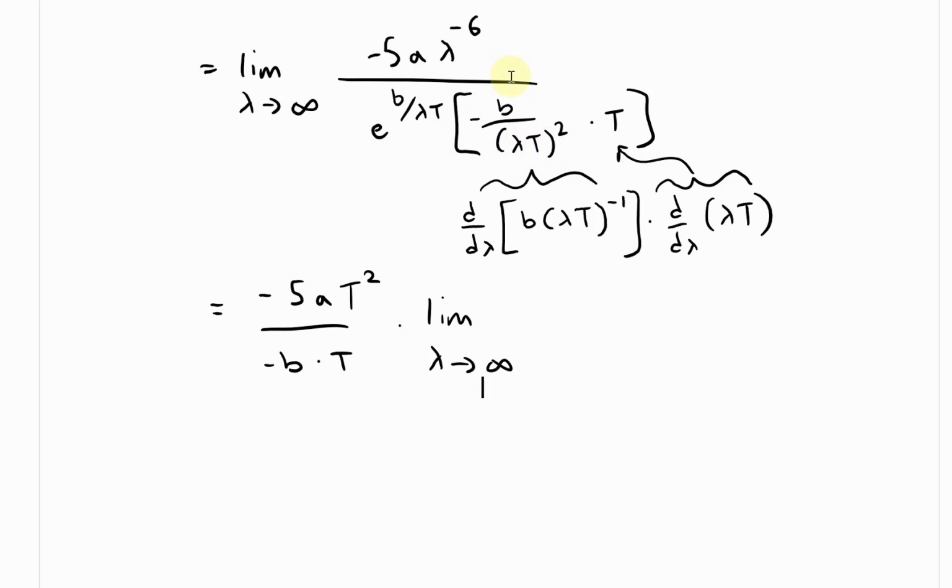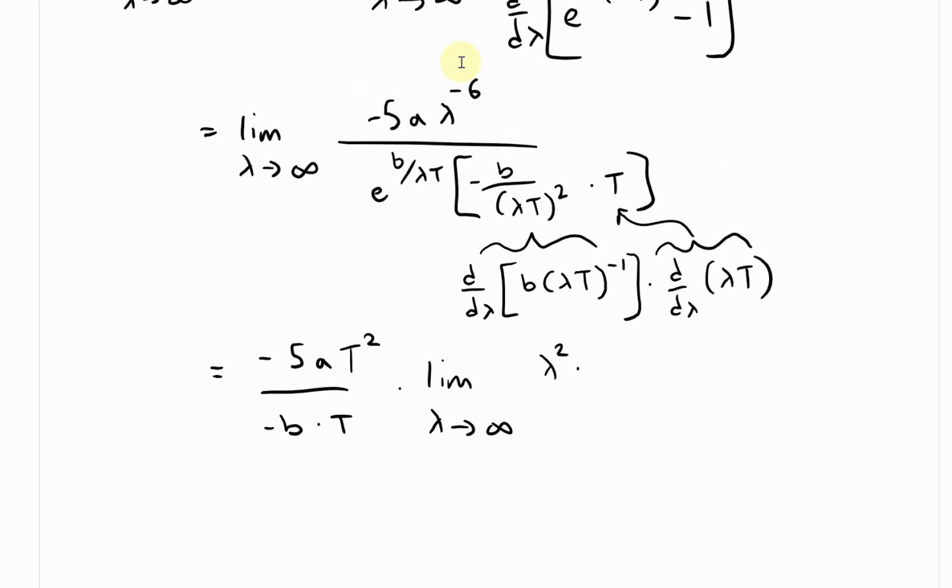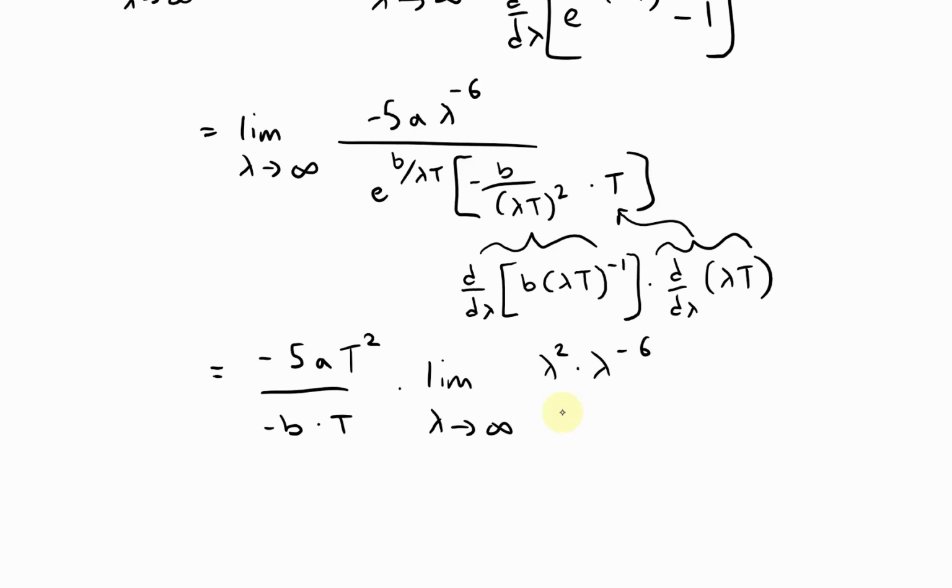So then again, those just flip on the top. So we're going to have a lambda squared times lambda to negative 6. And then we're dividing this all out by what's remaining, which is just this part here. That's actually the only thing that's remaining: e to the b lambda t.